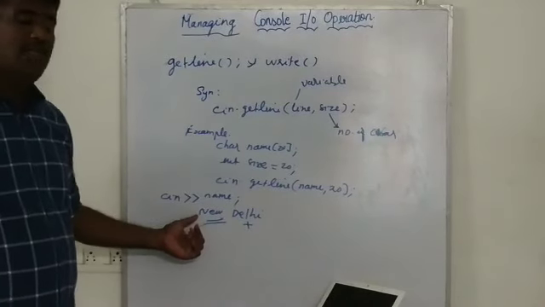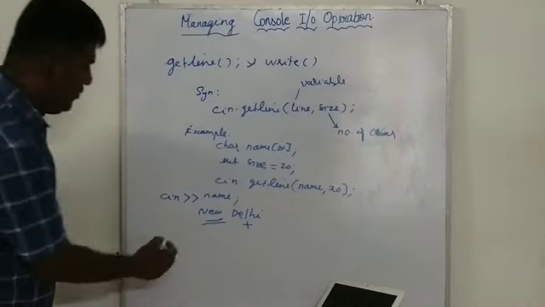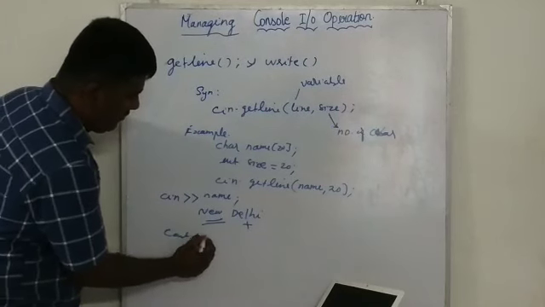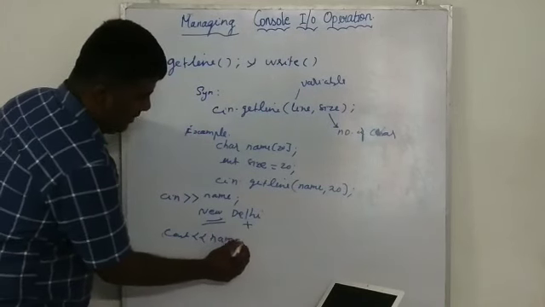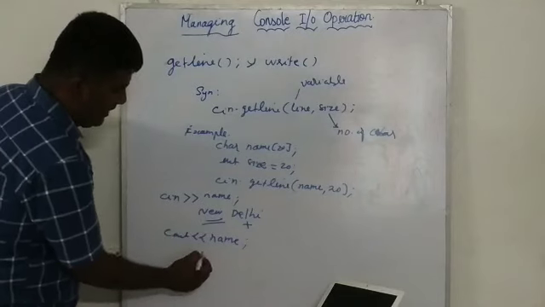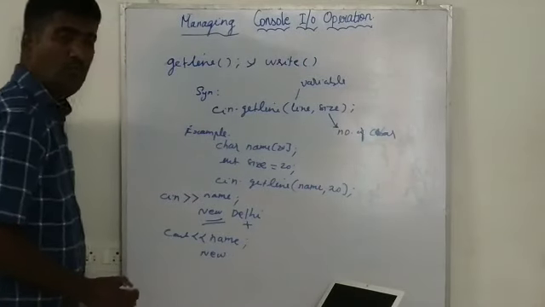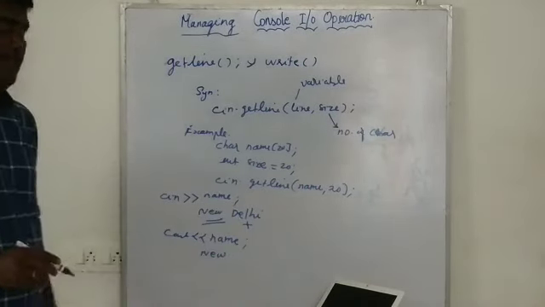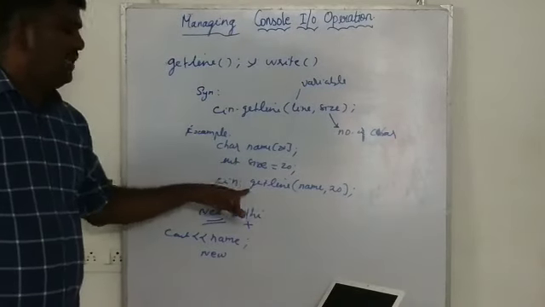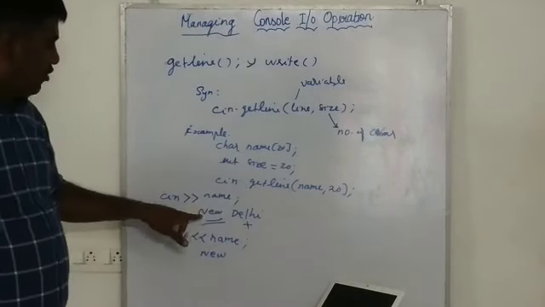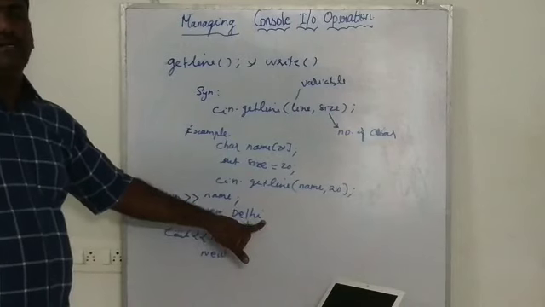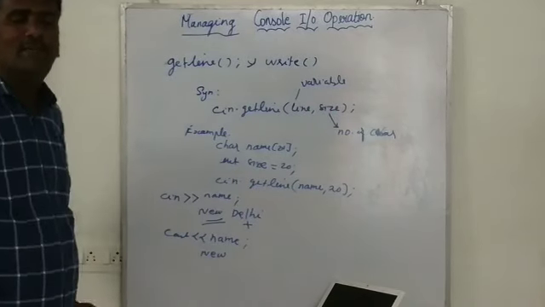So only New is read. So if we put the output cout << name, it only displays New, not Delhi. But if we use cin.getline, the whole word will be displayed on the monitor.